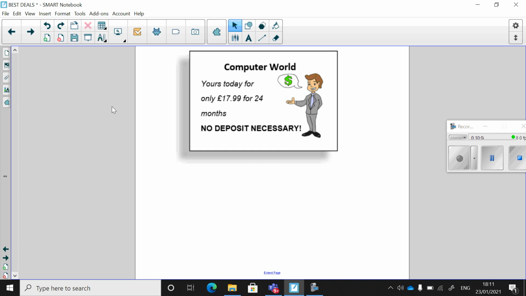Computer World. There's no deposit here, so it looks like 24 months at 17.99. Let's just multiply them. Okay, 24 times 17.99. Hopefully you know your 17.99 times table. Good. £431.76. That looks fine to me. Okay.